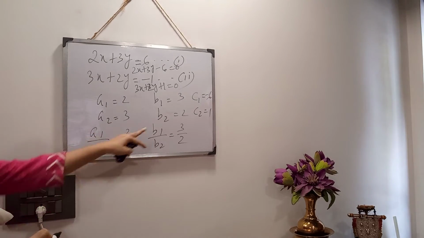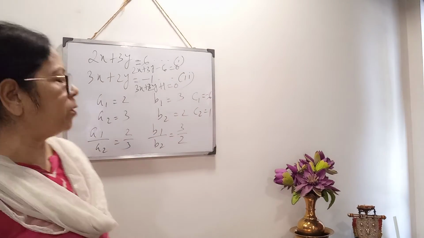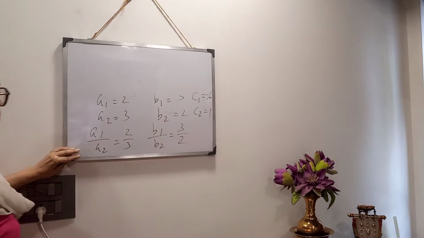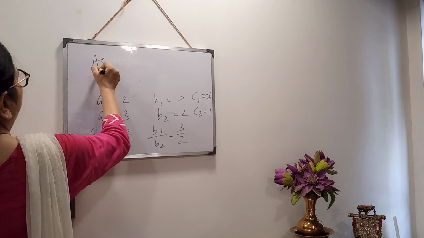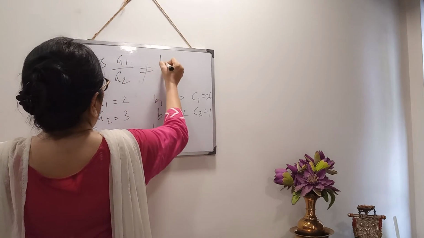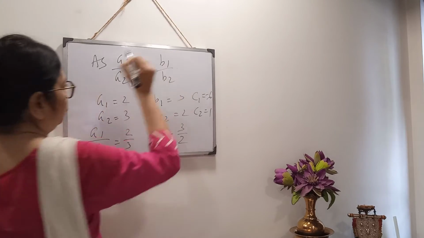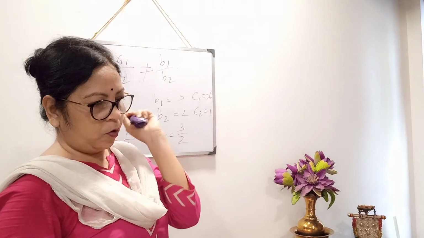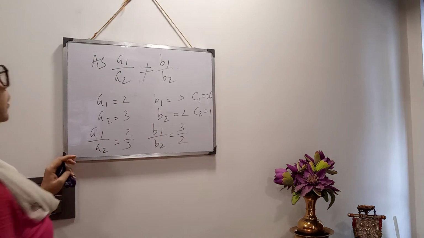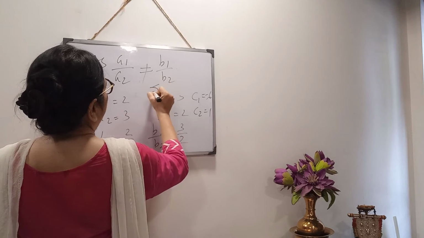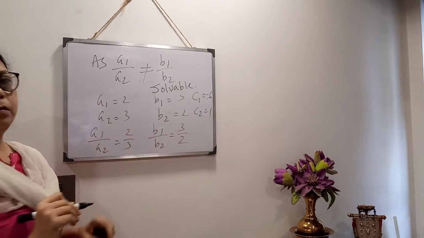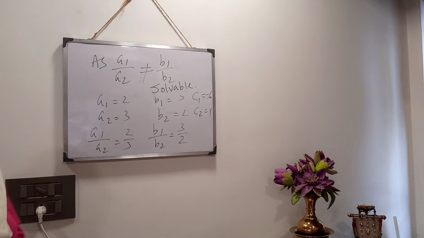So obviously 2 by 3 and 3 by 2 are not the same. From here, we can write a1 by a2 not equals to b1 by b2. Clear? So by second condition, these two equations are solvable. Clear? These two equations are solvable.